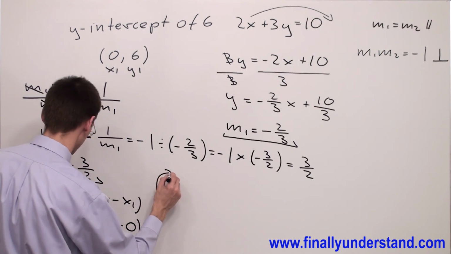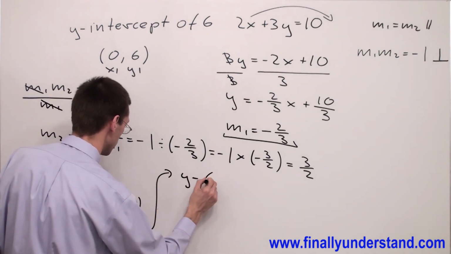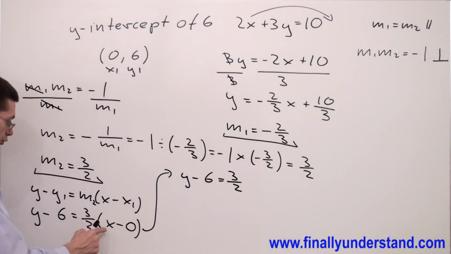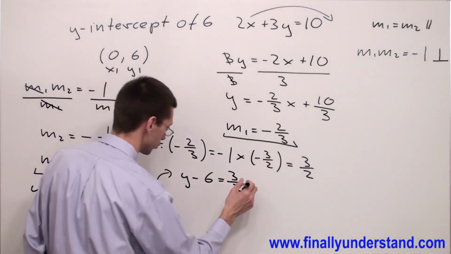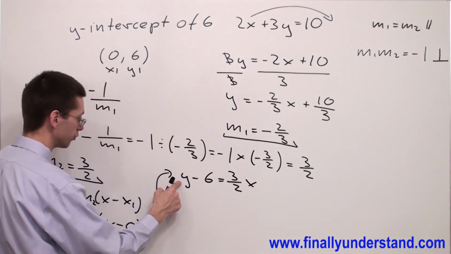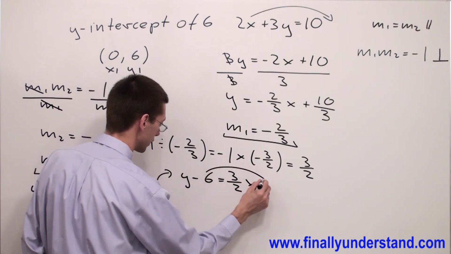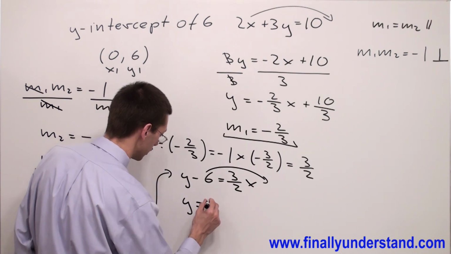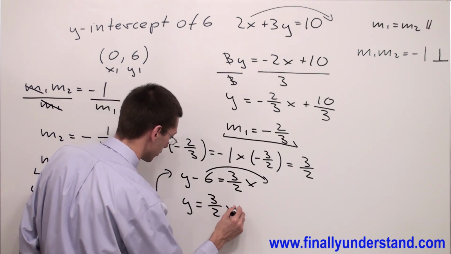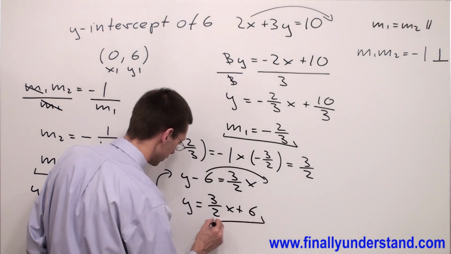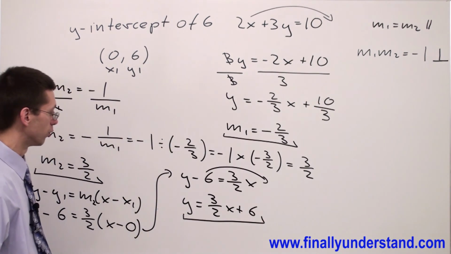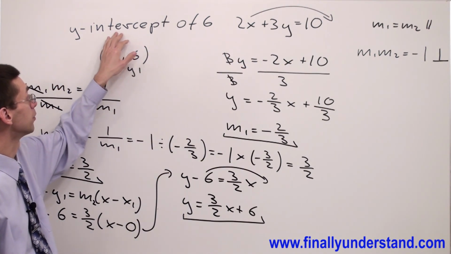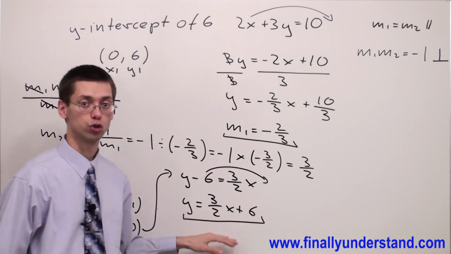So I will have y minus 6 is equal to 3 over 2 times x, which is 3 over 2x. And in order to find y, I have to move negative 6 to the right side of my equation. So y is equal to 3 over 2x plus 6. And this is the equation of the line which is perpendicular to this one and will pass through the y-intercept of 6. So this is the solution to my problem.